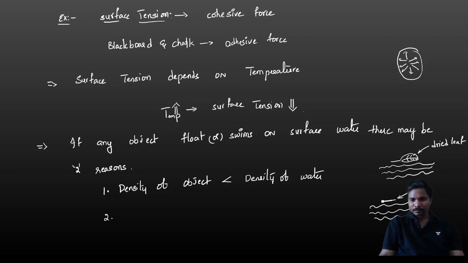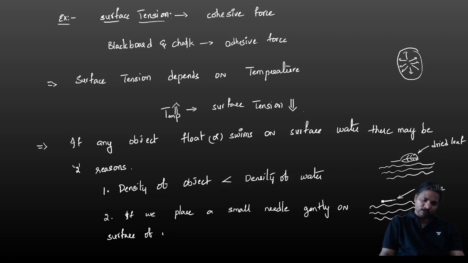If you place one small needle gently on the surface of water, it may float or swim. Here the needle generally has higher density than the water, correct? Why?